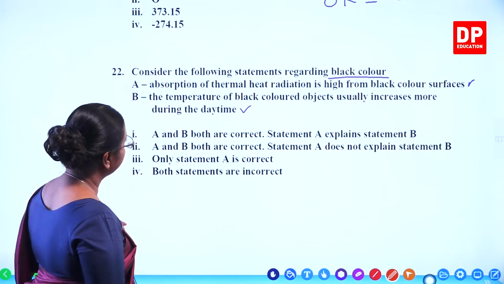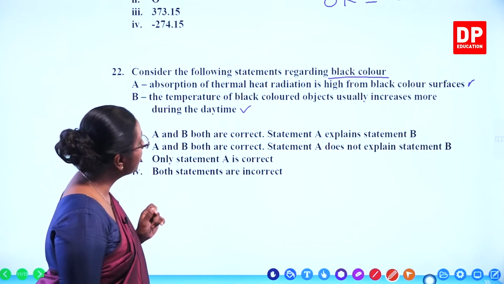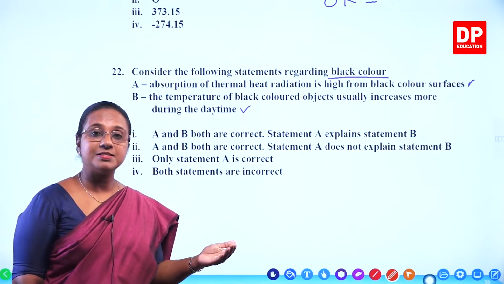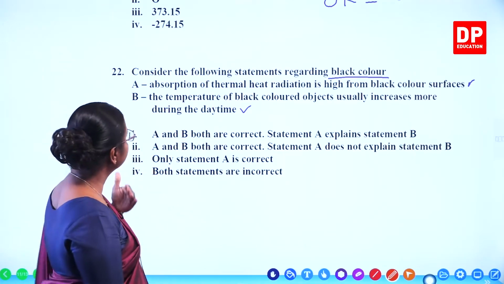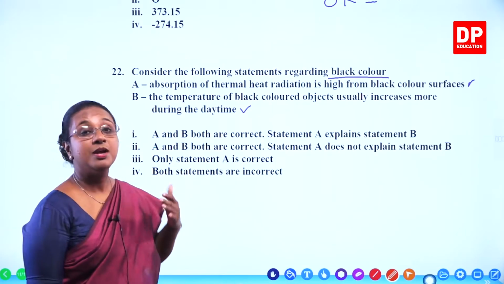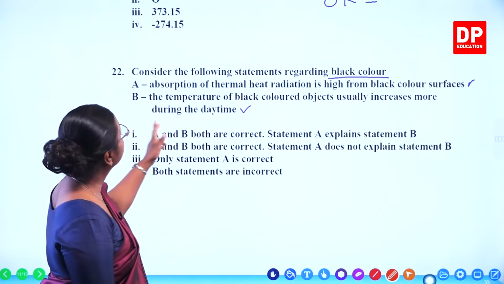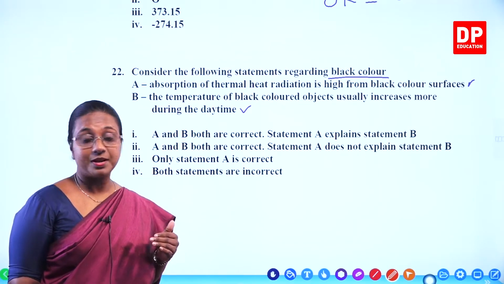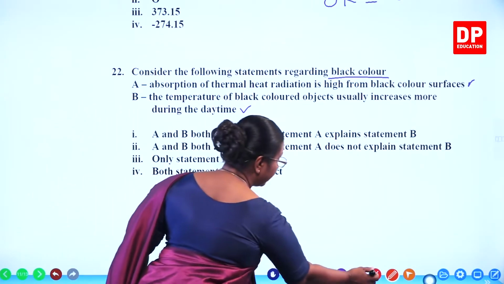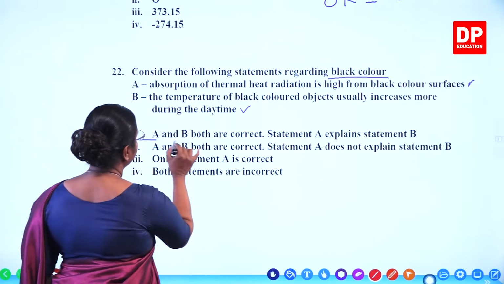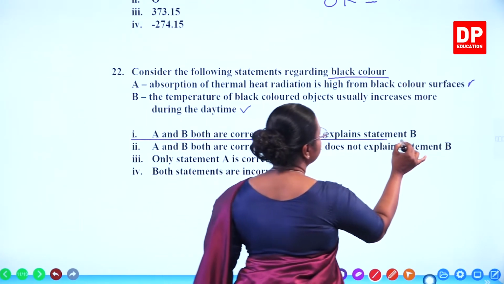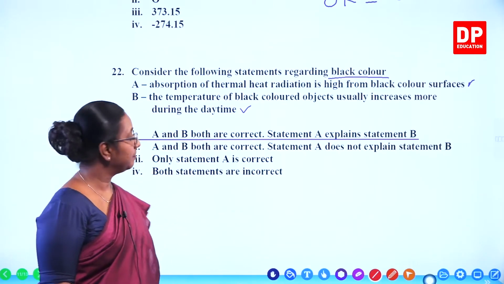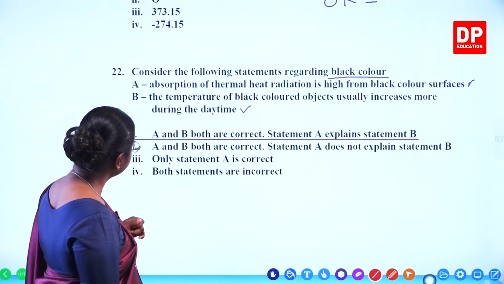That is also correct. Why? Because the absorption of thermal heat radiation is high from black color surfaces, and that is the reason why during daytime when there is more sunlight, the black colored objects usually increase in temperature more. So, the first answer is correct. A and B both are correct and statement A explains statement B. Then we have the second one.